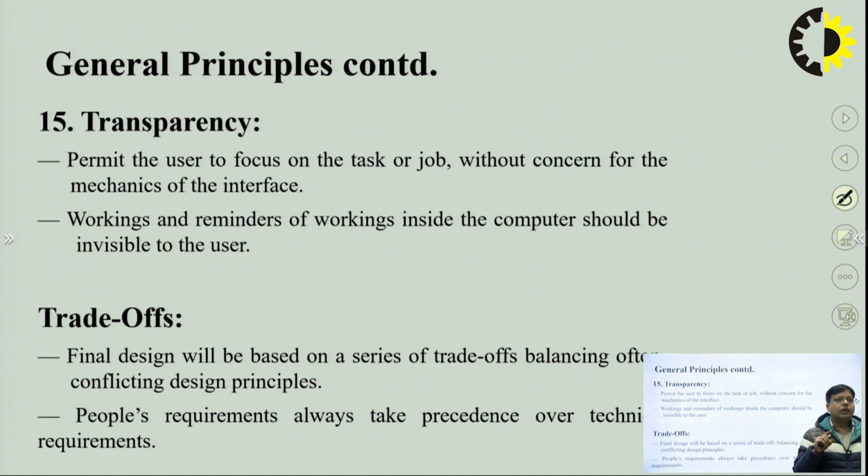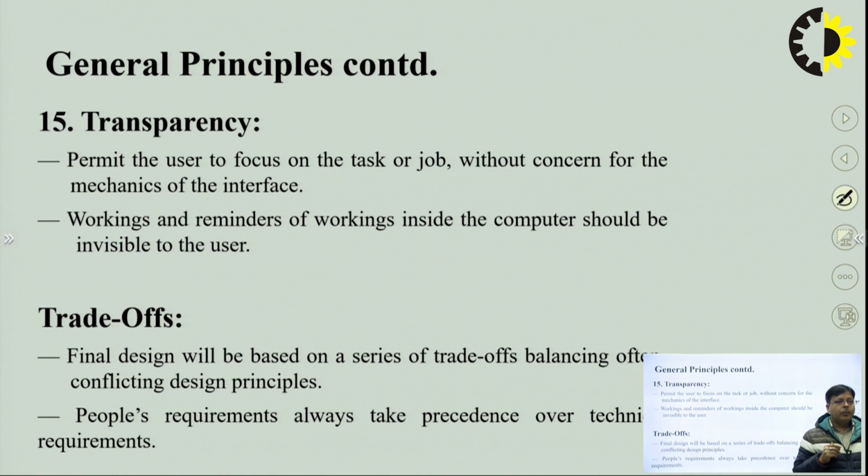The workings inside the computer should be invisible to the user. There should be invisible technology, right? Any technical glitch should not affect the user's work. The system must be easy and usable for the user at all times, right? Any technical limitation should not come across the user while using the system, right?